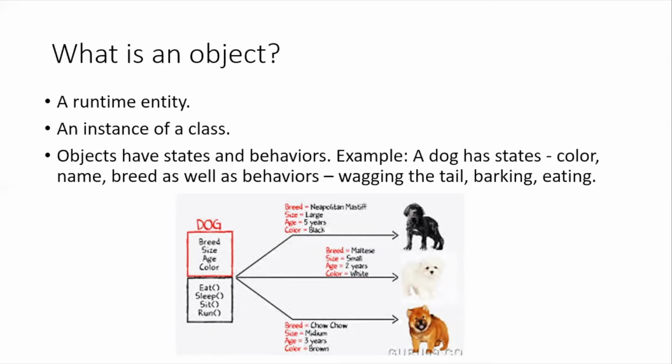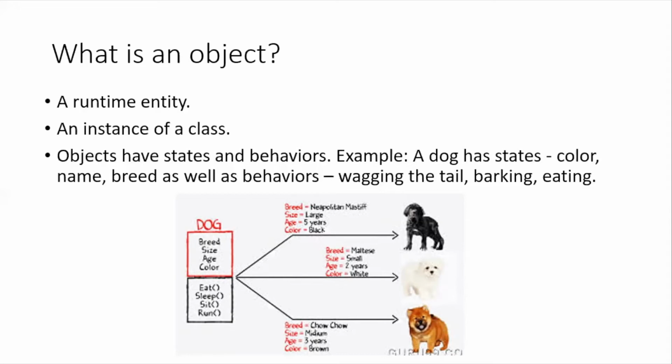However, those feature values are different. Feature in the sense what? Every dog will have a specific breed. Every dog will have a specific size. Every dog will have an age. Every dog will have a color. So these are the common properties. Now values for these properties for every dog will be different, right?